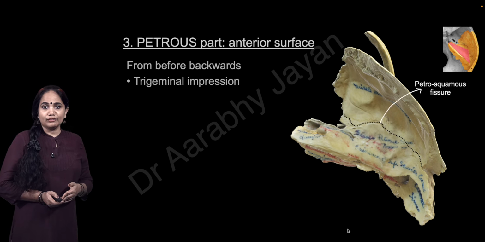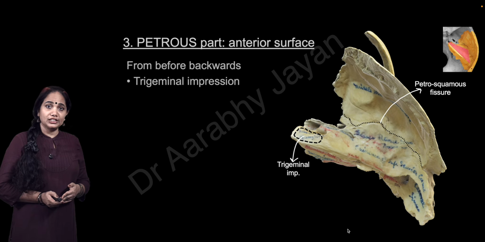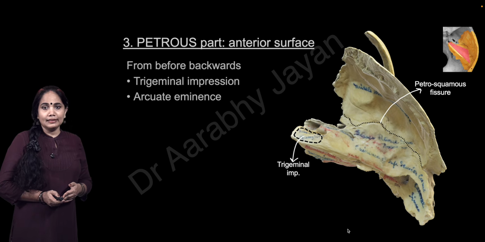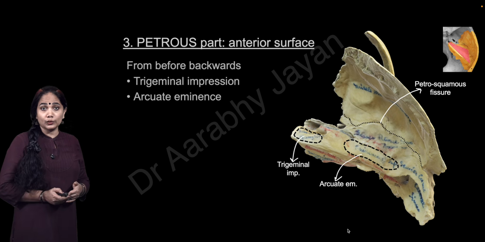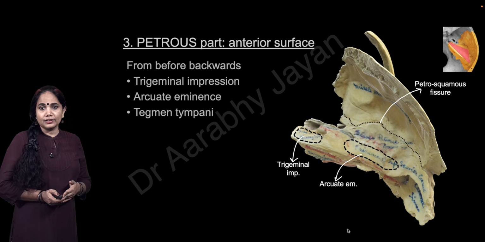And now let's see, the first impression that we see very close to the apex is the trigeminal impression. It houses the trigeminal ganglion. Behind that we have another elevation which is the arcuate eminence. It lodges the superior or the anterior semicircular canal of the internal ear. Now the next part is called the tegmen tympani.